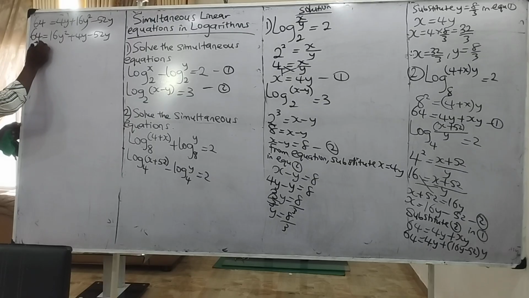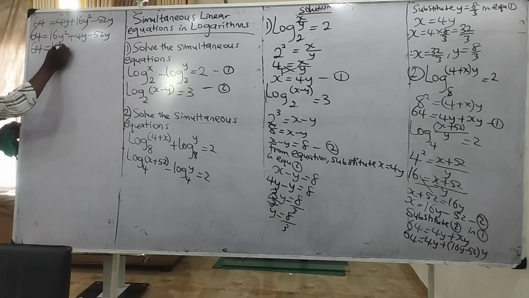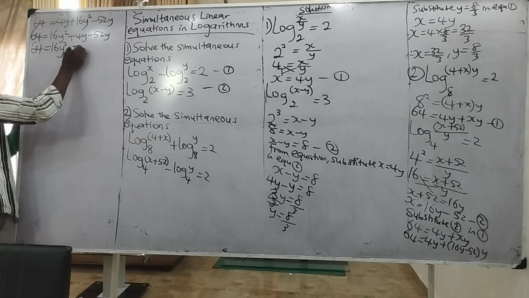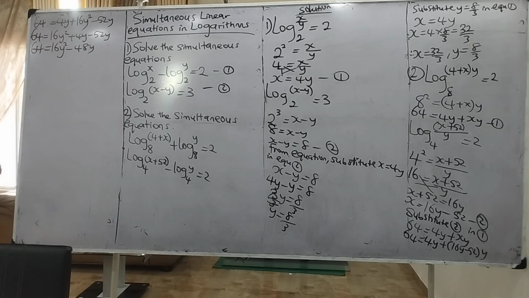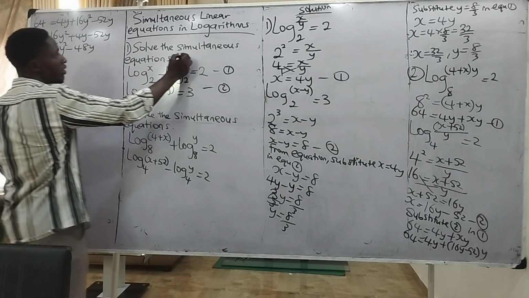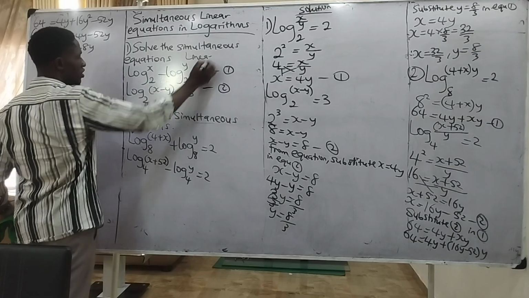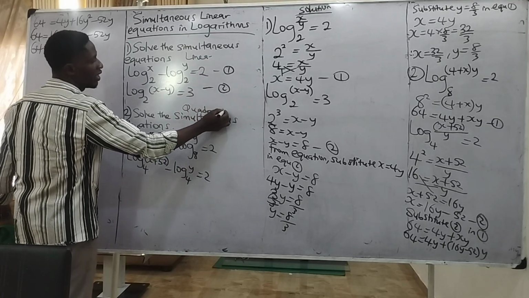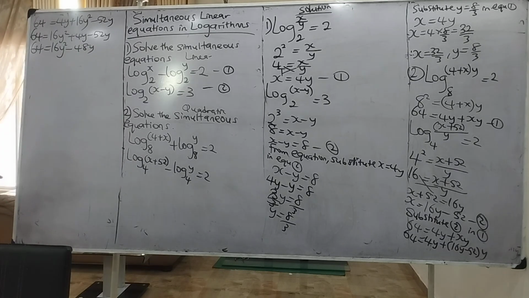Then we have 64 is equal to 16y squared, and 4y minus 52y will give you minus 48y. So this is a quadratic. Remember, this one is linear, the one that doesn't have a square. Then we have quadratic, this one has a square.